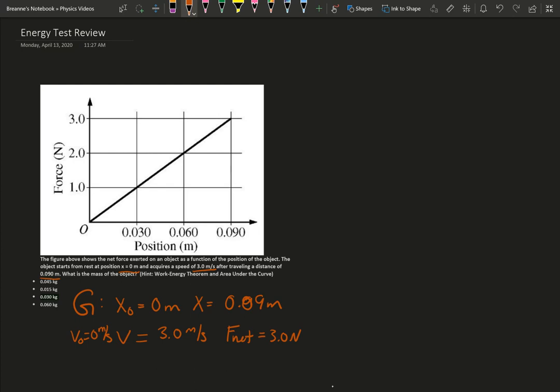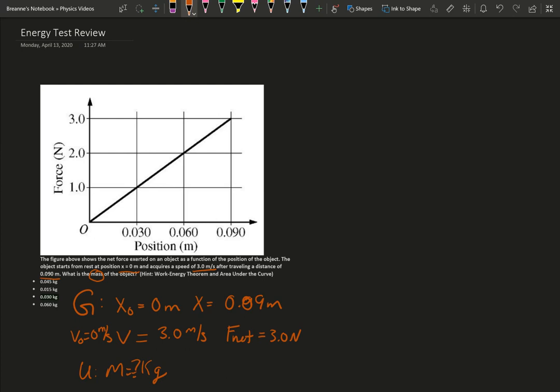That's the information we've pulled from that, but we're looking for our mass. So our unknown is our mass, and of course, we want that to be in kilograms. Now, I gave you some hints on the test.